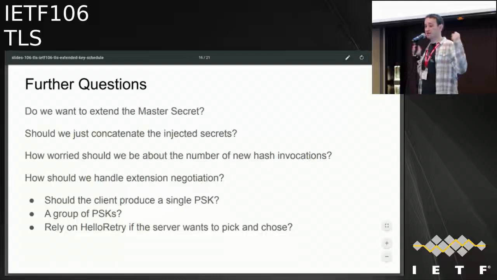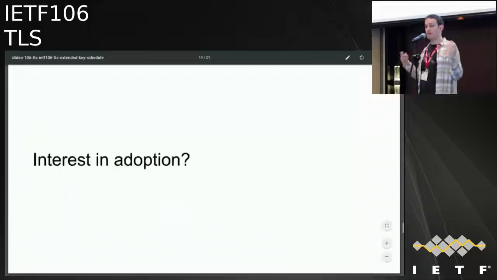Because this is crypto, if you're doing the PSKs, you have to send either just one PSK that says we are using these extensions, or you send a group of PSKs that say I'm happy with any of these combinations, or you can send one PSK and rely on hello retry if the server says, actually, I only want some of those, or I want to add some other ones that you support.